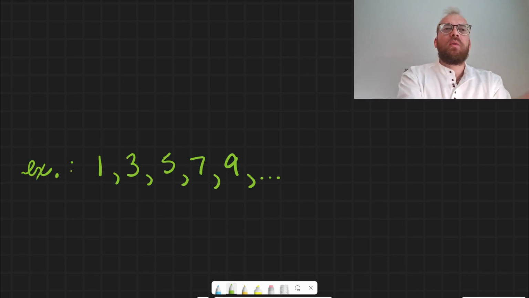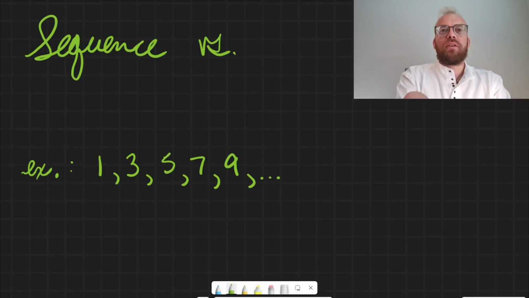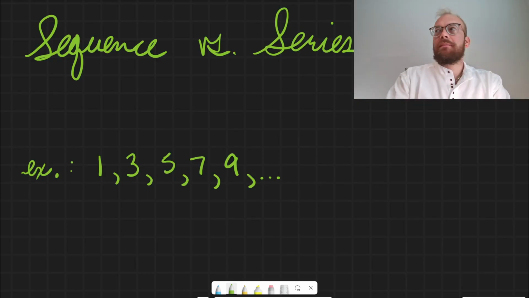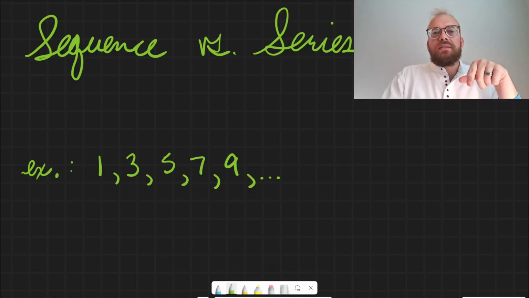I want to make a quick video today about the difference between a sequence and a series. A lot of people get them confused. The example I'm showing you is a sequence.